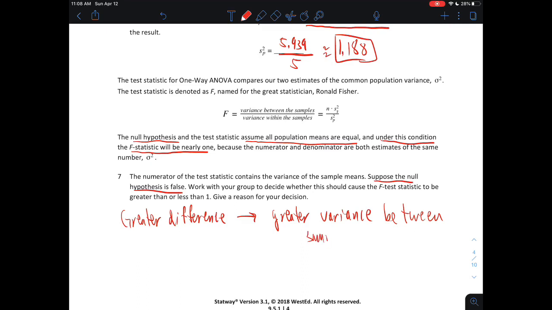In your F statistic above, variance between the samples is your numerator. So if that number in the numerator is greater, that means that the number for F would be greater than 1.